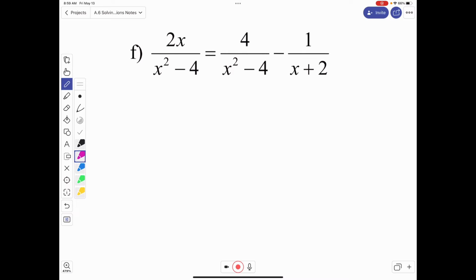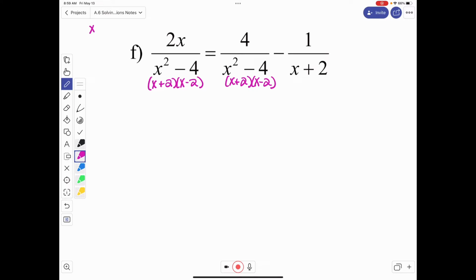Okay, we have another problem with more fractions. So again, we need to do the same thing. What I like to do, I see this is a difference of squares, so I'm going to factor this out. x plus 2, x minus 2, x plus 2, x minus 2. I'm going to write that out as the factored form.